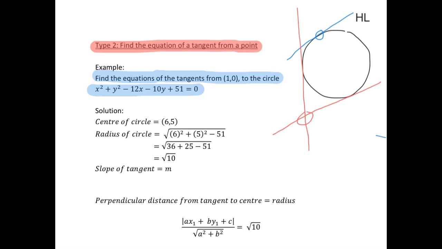So what we're going to do is look at the lines from the center of the circle, being here, to these two tangents.